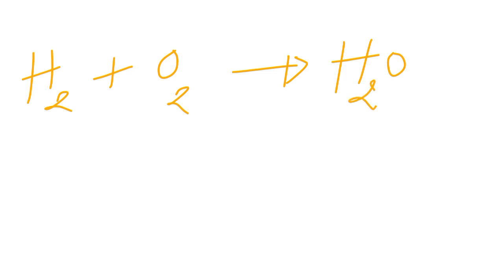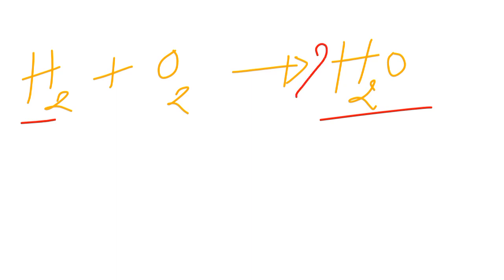From this perspective, on the reactant side there are 2 hydrogen, and on the product side there are 2 hydrogen. For oxygen, there are 2 oxygen on the reactant side and only 1 on the product side.